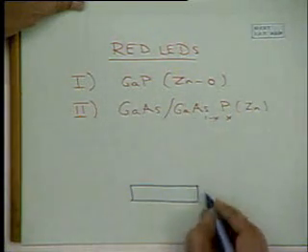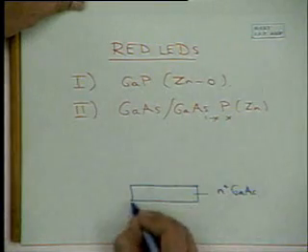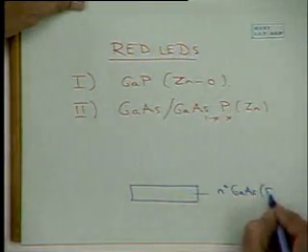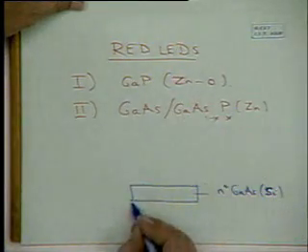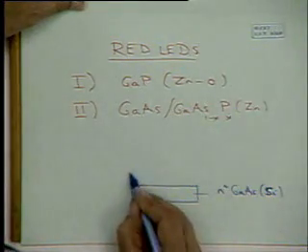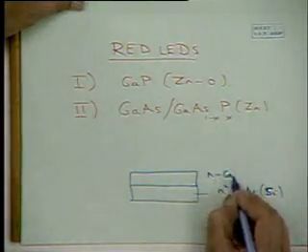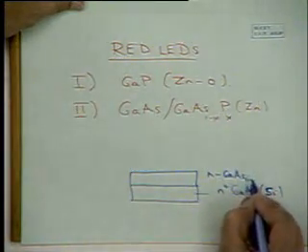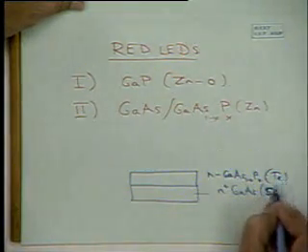So on an N plus gallium arsenide substrate, doped with, say, silicon, we grow a graded layer, N gallium arsenide phosphide, tellurium doped, N-type.